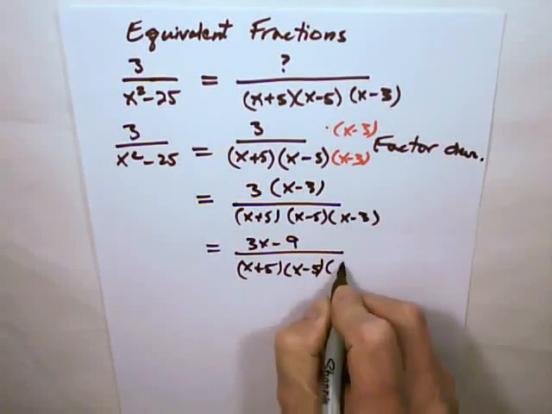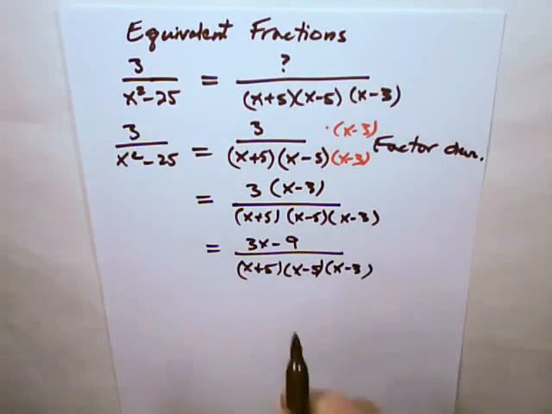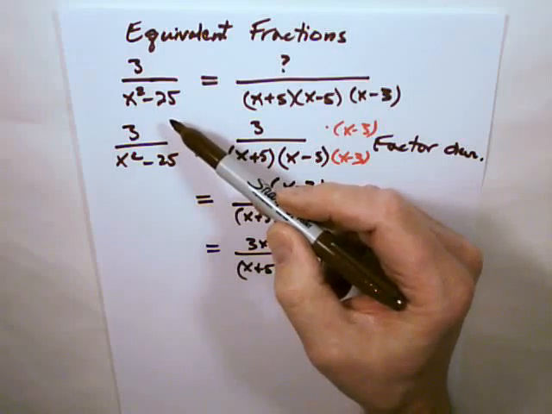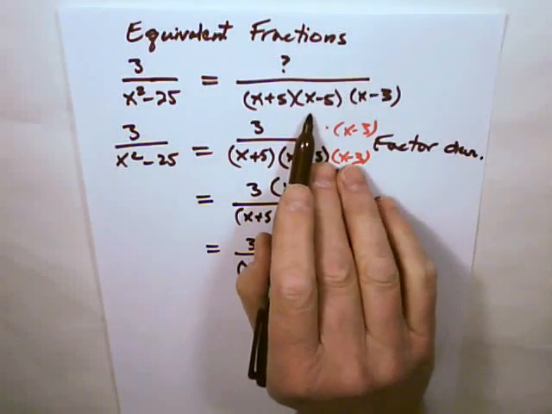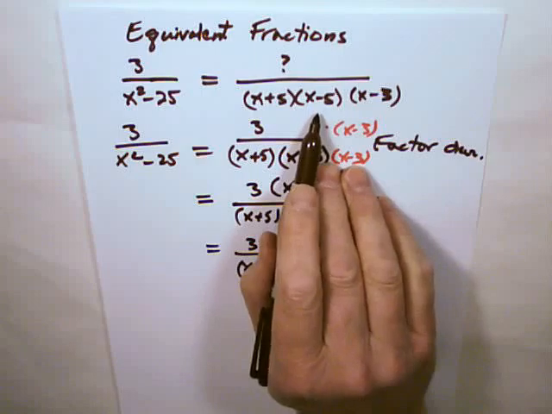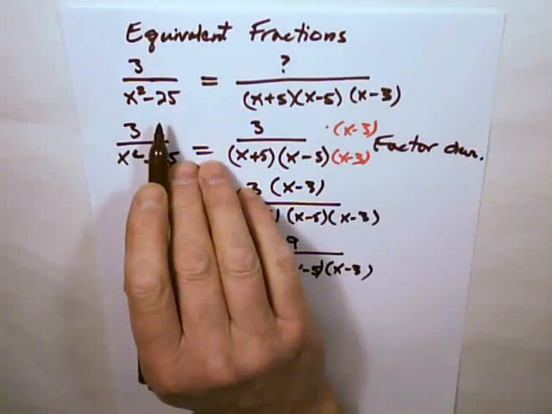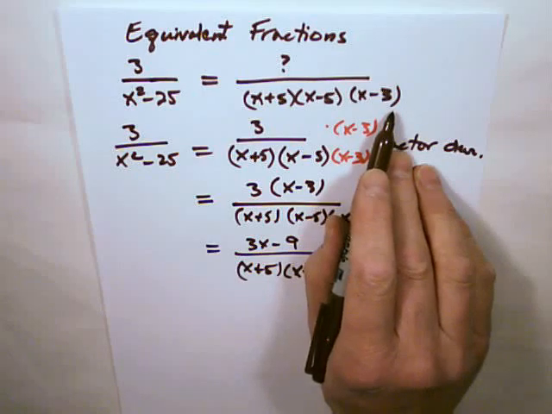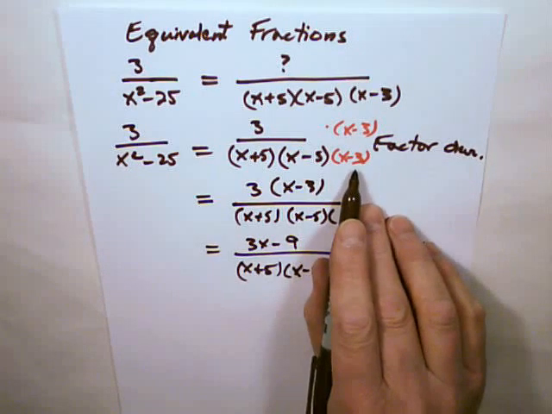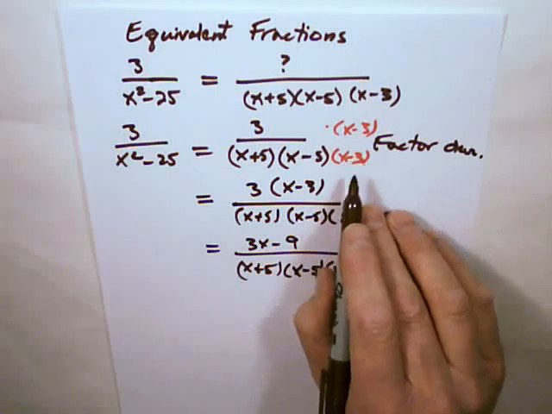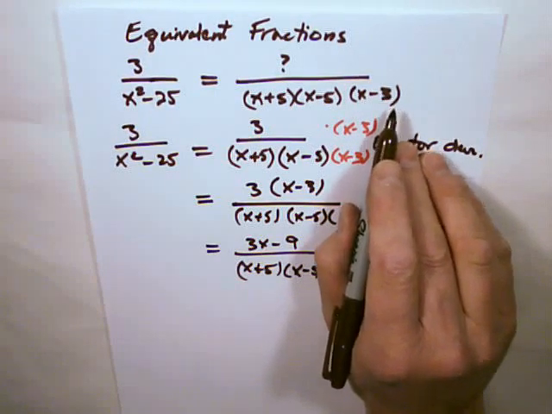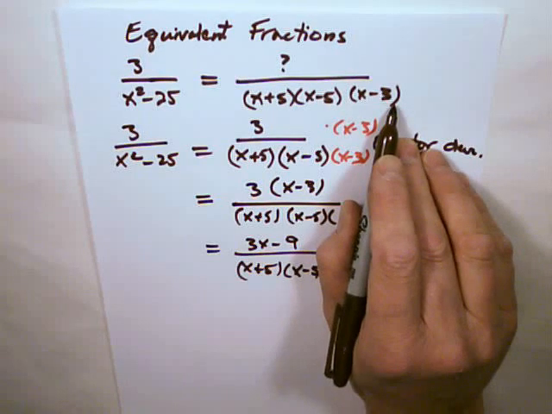So the idea here is that by looking at the factors of the original rational expression, you can rewrite that rational expression into an equivalent rational expression, just like we did with regular fractions, by multiplying the denominator and then the numerator by that same factor that makes it into the denominator that you want it to be.